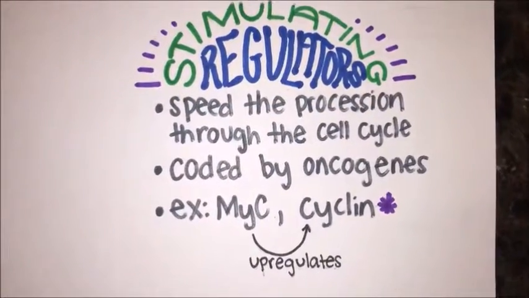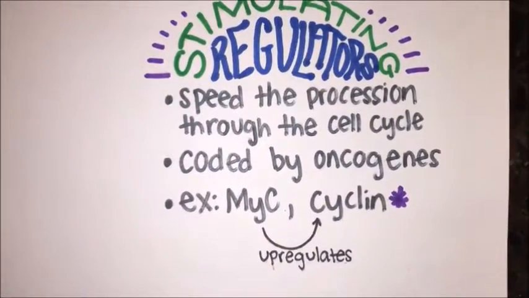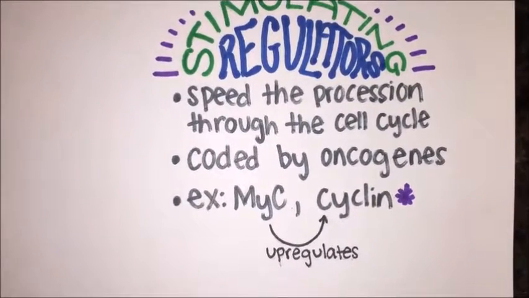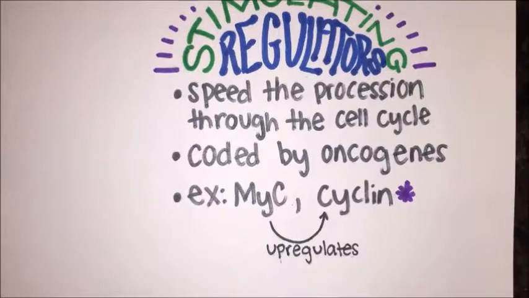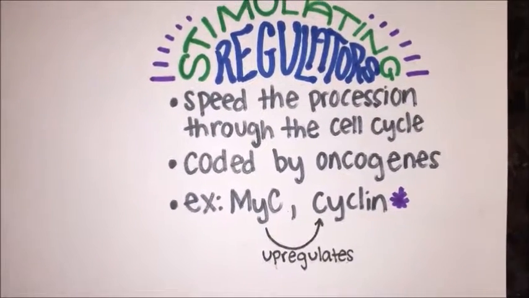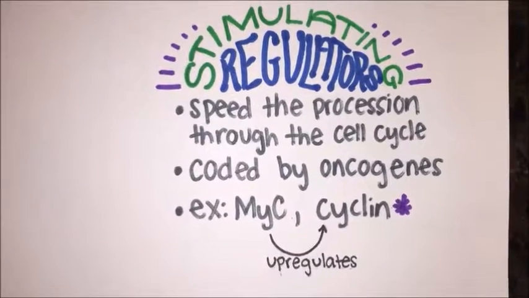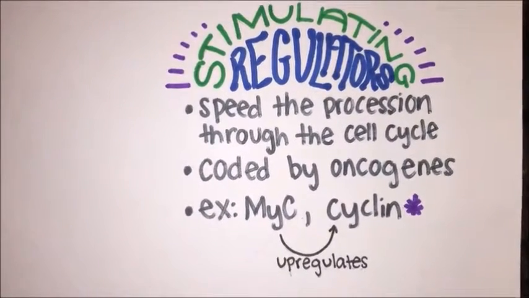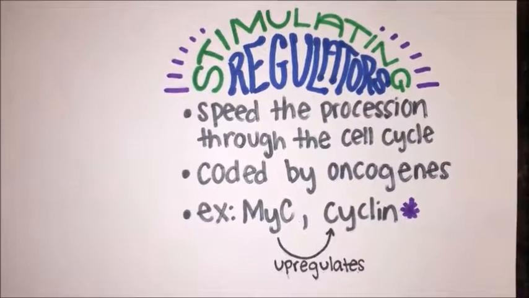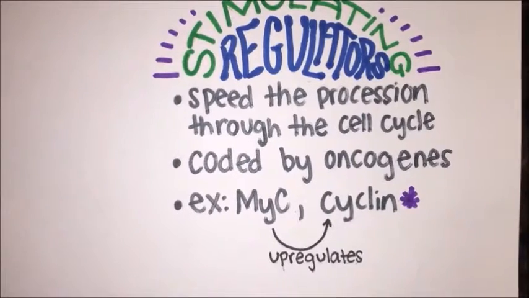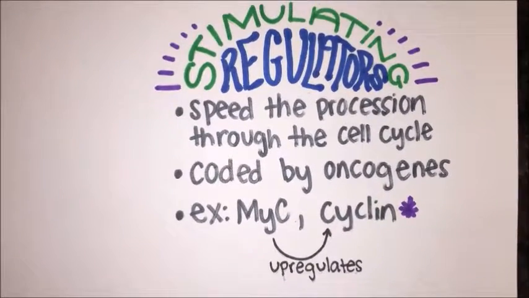We also have stimulating regulators, which, as the name suggests, stimulate the cell and speed its procession through the cycle. They are coded by a type of gene called oncogenes on the DNA. When a mutation occurs in oncogenes, they become proto-oncogenes. Proto-oncogenes cause an increase in the production of stimulating regulators, which can cause the cell to become cancerous and divide too frequently.